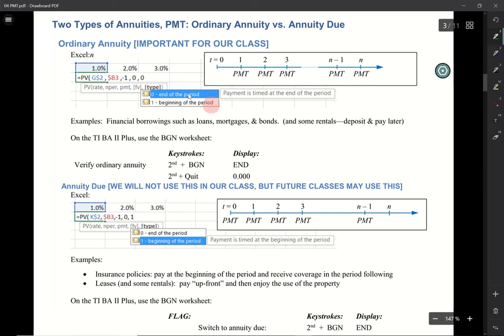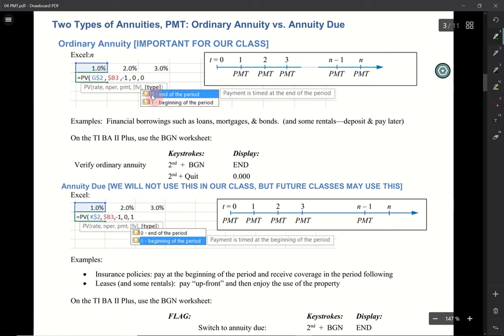Okay, and so you'll notice, by the way, if you go into Excel, we've talked about the PV function and the FV function, that there's a rate first, then the number of periods, and then the payment, and then occasionally we've actually set the future value, right, in the beginning, and then the last bracketed variable is this type.